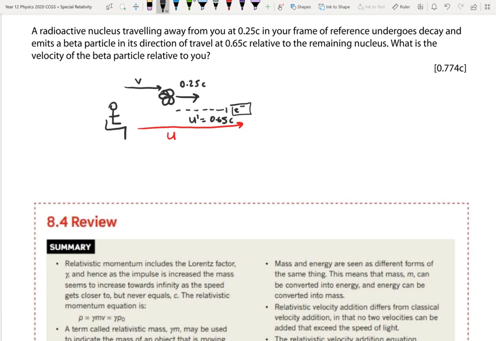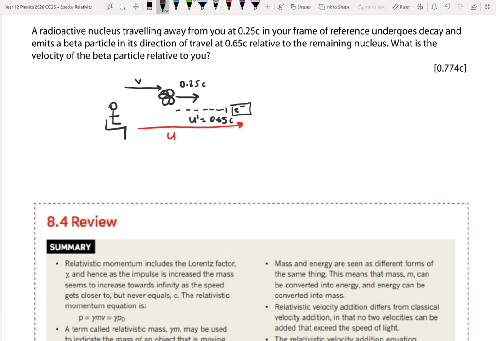They might. That's what I'm saying. From a different perspective, if you were given the alpha particle's frame, you would see him travelling away at V, you would see him travelling away at U, and then U prime would be what he observes, because he's given me what the other bloke observes.